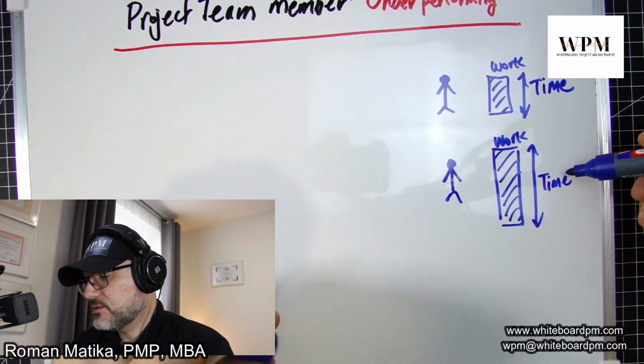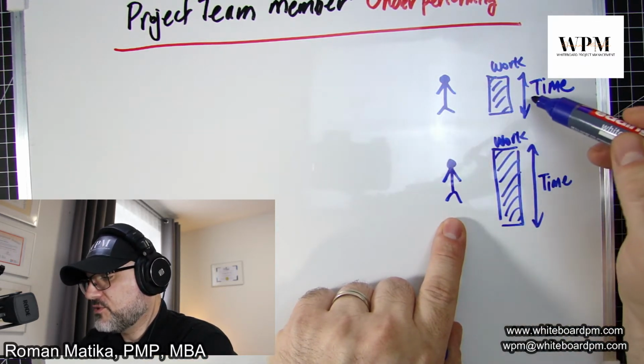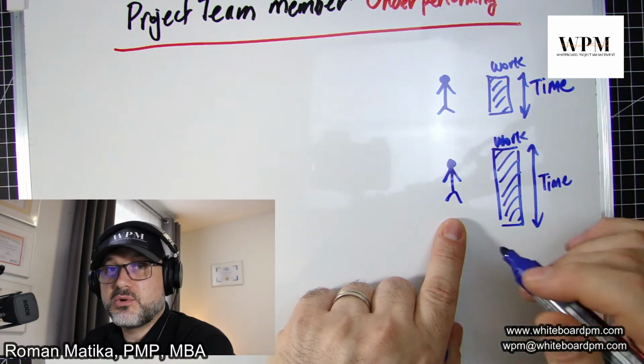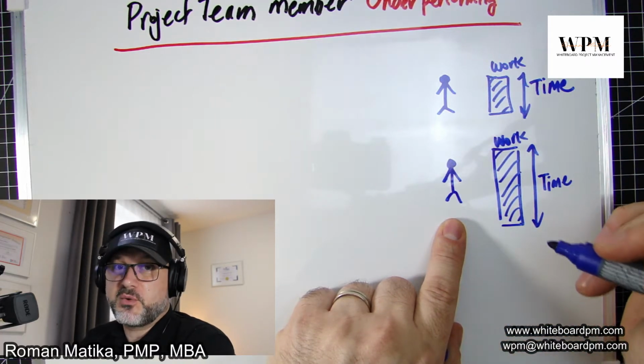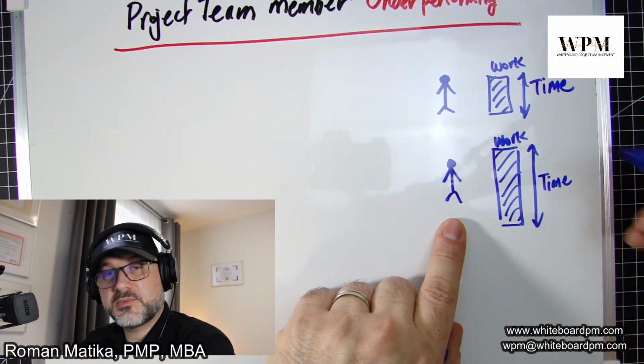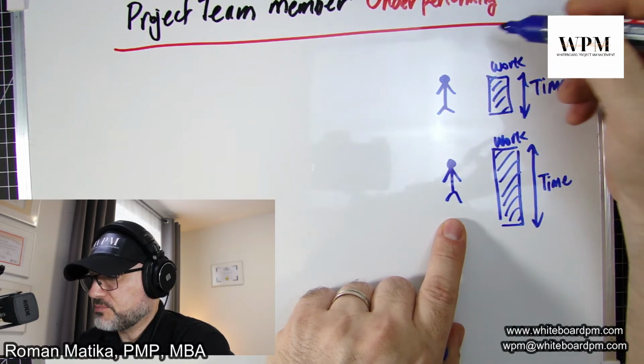You could not say in this case that one person is performing less than the other, because each person has his own level of performance, according to his knowledge, his experience, his personality, and so on.